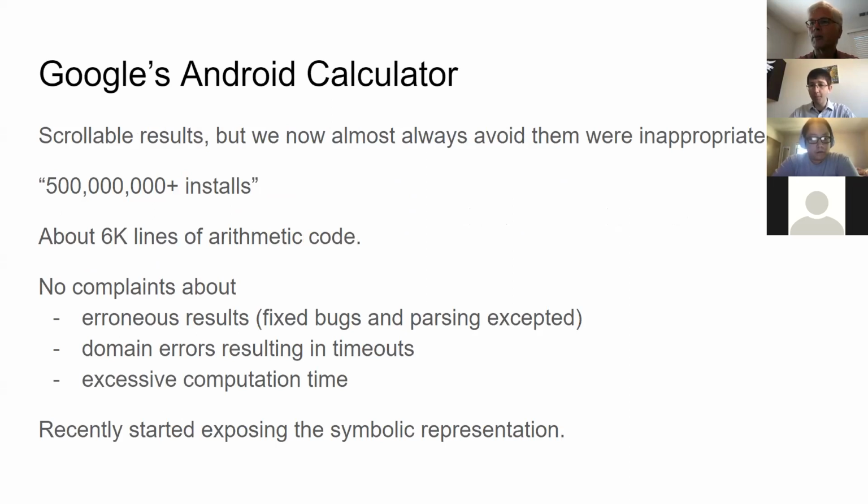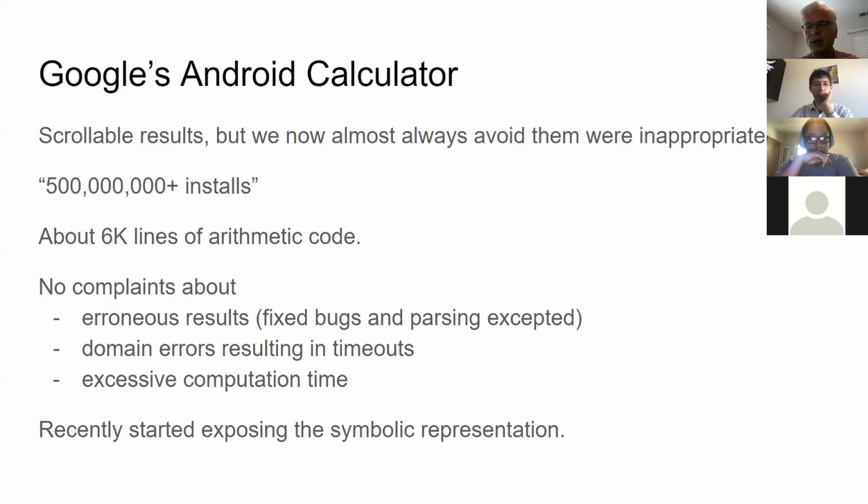So using this approach, we've used this approach in Google's Android calculator for a while now. It's actually, the implementation is fairly compact. It's about 6,000 lines of code or so. We basically haven't been getting any complaints about the arithmetic implementation, which distinguishes it from an earlier floating point implementation.